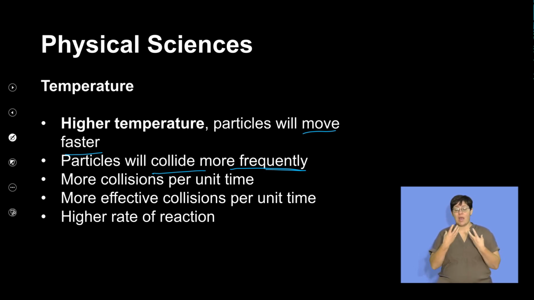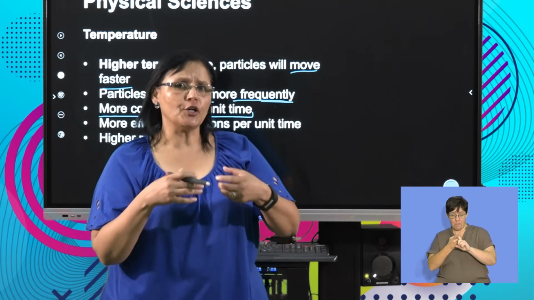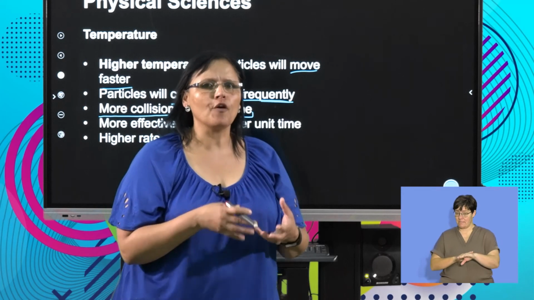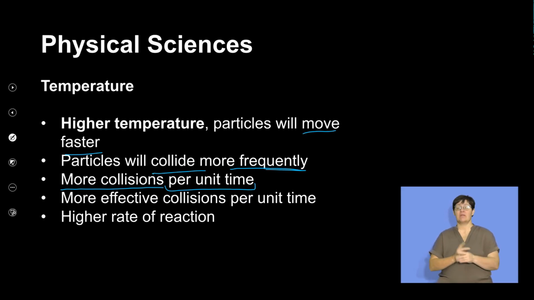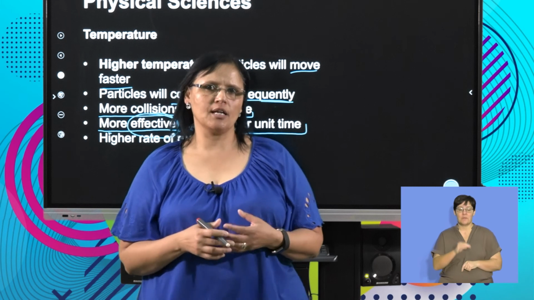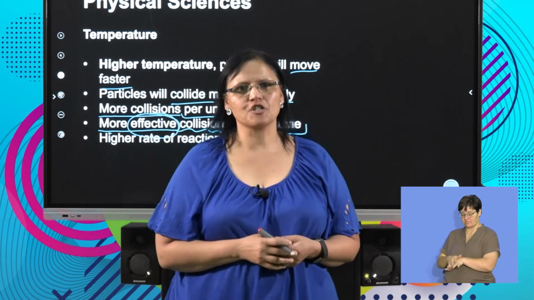And if we have that bumping more frequently, we obviously have more collisions per unit time, but because the collisions are more per unit time, the likelihood of having effective collisions per unit time is very high. So we will have more effective collisions per unit time. And if we have more effective collisions per unit time, it actually means that the rate of the reaction is high.